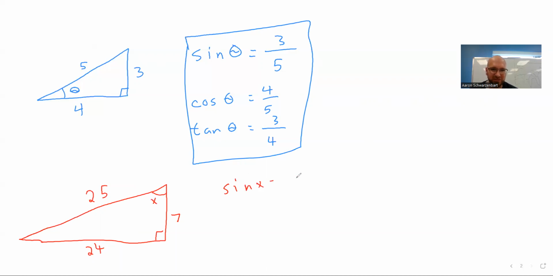Sine of x equals opposite 24 over 25. The cosine of x equals adjacent 7 over hypotenuse 25. The tangent of x, tangent is opposite over adjacent. Opposite of x is 24. Adjacent to x is 7. And that is my trig ratios.